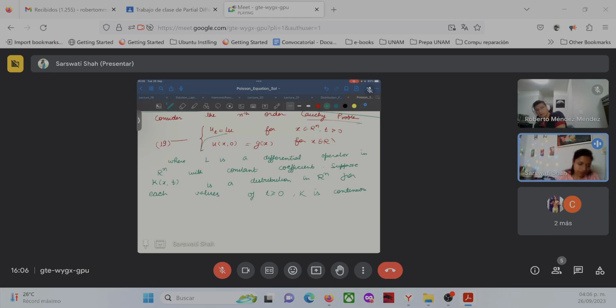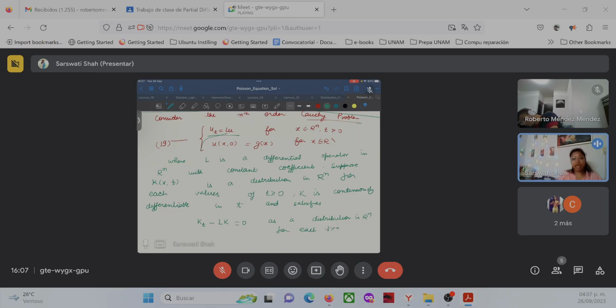K is continuously differentiable in t, and using the previous exercise it will satisfy the given differential equation k_t minus L of k equals 0 as a distribution in Rn for each t greater than 0.